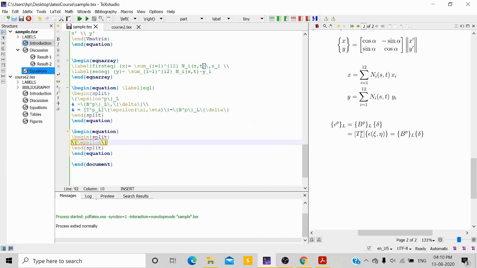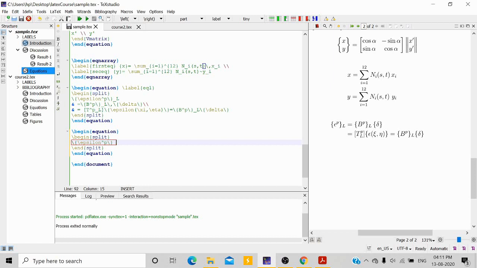This has to be again the superscript P, so I'll put P. And after this, you see here this L is outside, so I'm not going to put it here.